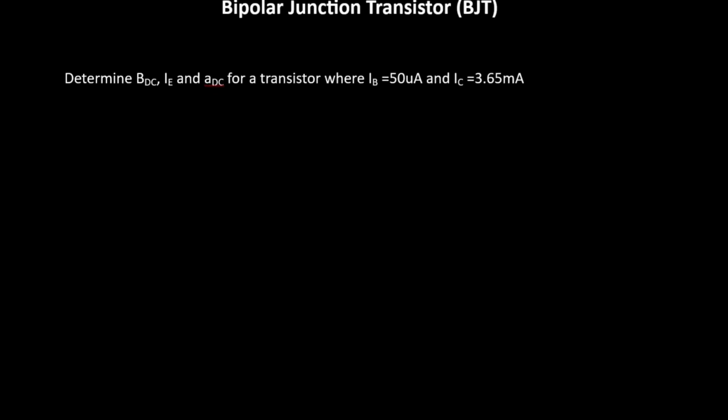This one says determine beta DC, emitter current, and alpha DC for a transistor where IB is 50 microampere and IC is 3.65 milliampere. Okay, so let's solve.